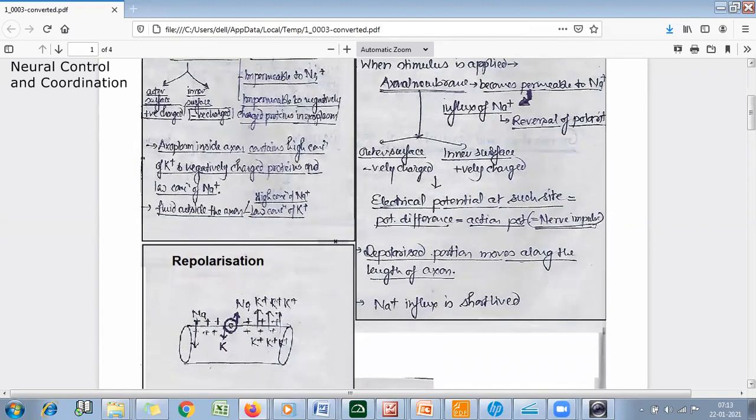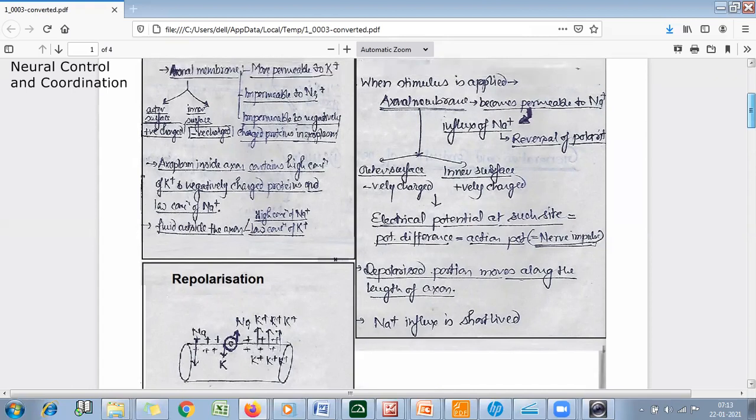If the signal reaches the terminal point of the axon, after that it will be transferred to either the next nerve, or the gland, or the muscle. Now what happens when this nerve impulse moves forward?